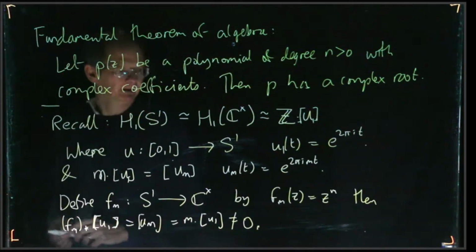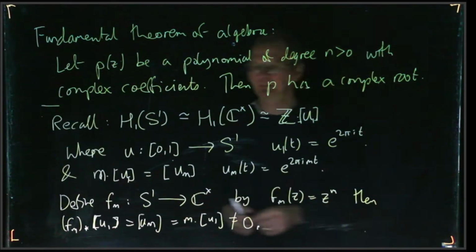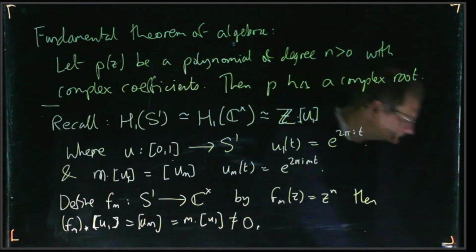So if we just look at the mth power map, then on homology that's just multiplication by m.